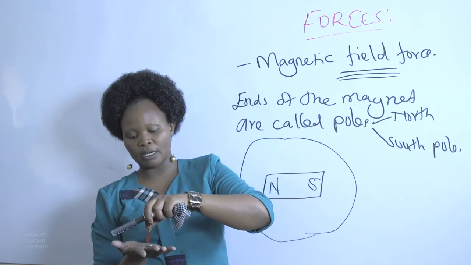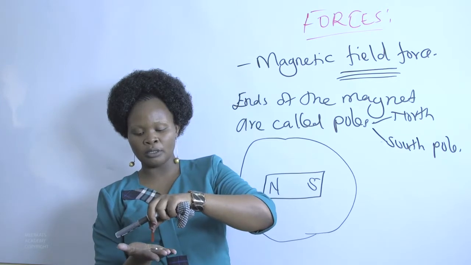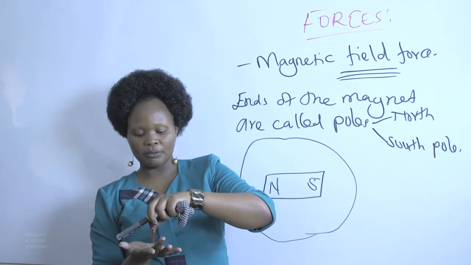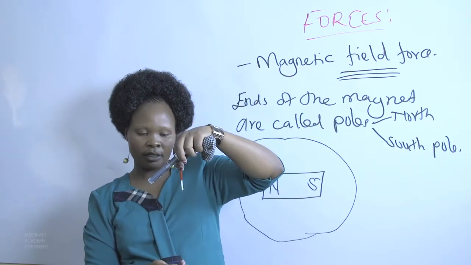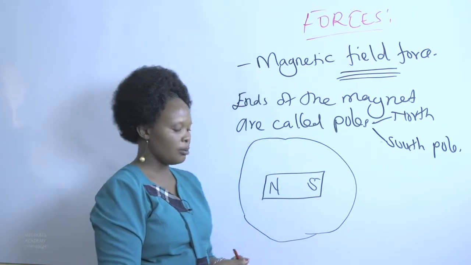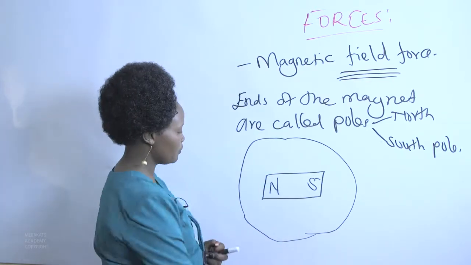So when the bar is brought close to it, you can experience a pull, but if you bring it into contact, it's actually going to be attracted. Now that is what we are talking about as being the field of the magnet.